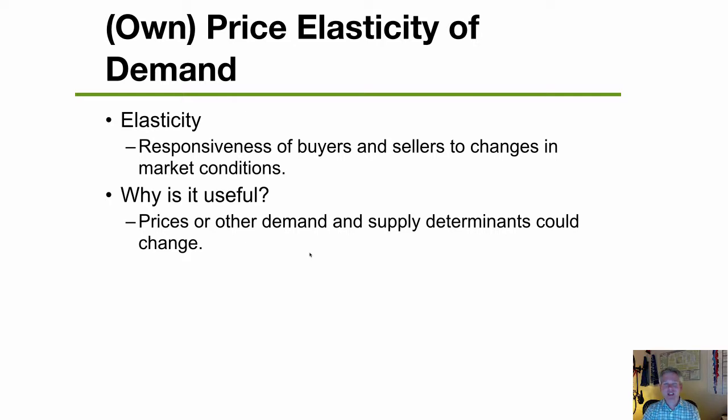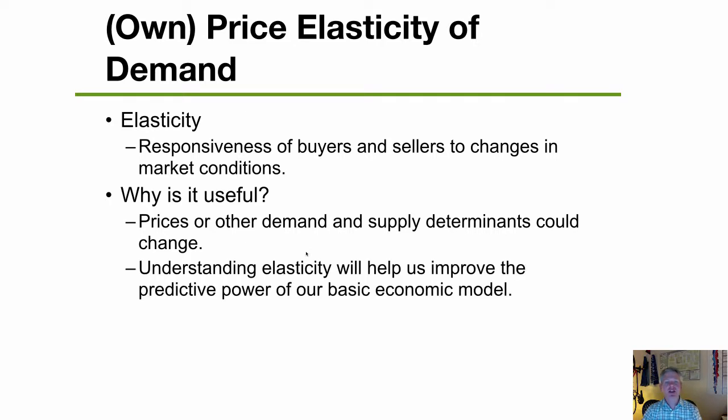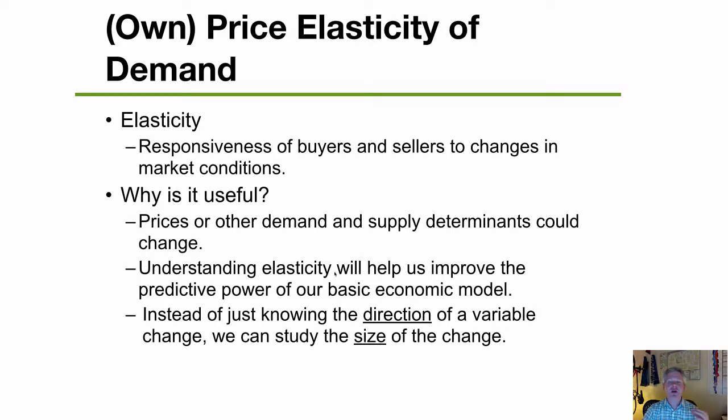There could be a disaster shifting the supply curve. All these different things that determine supply and demand could change. And so what we want to understand with elasticity is how big is the resulting change to our models. We know they're going to change, but how big of a change? Is it going to be a big change or is it going to be a little change? So instead of just knowing the direction that a variable changes, we're going to be able to study the size of the change.